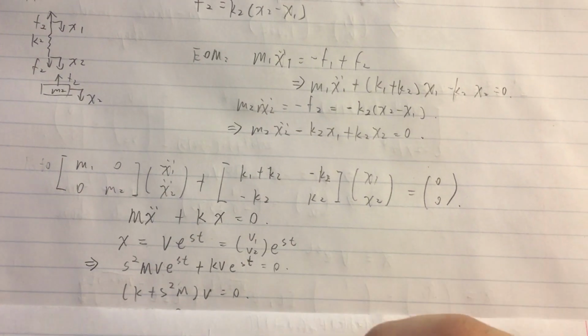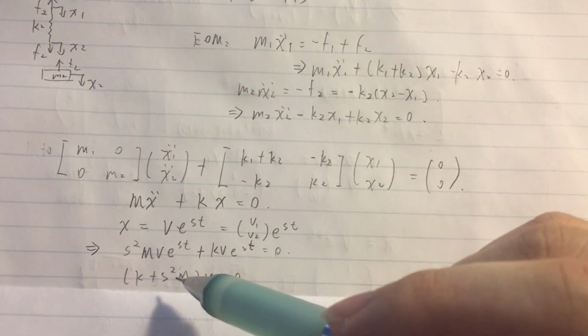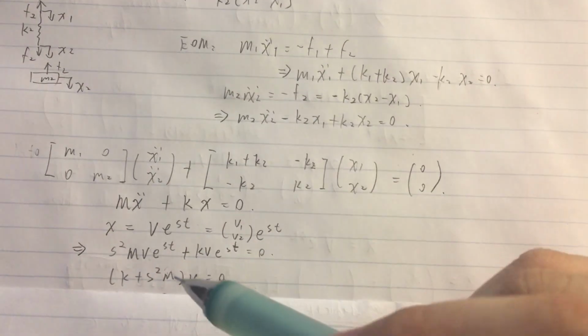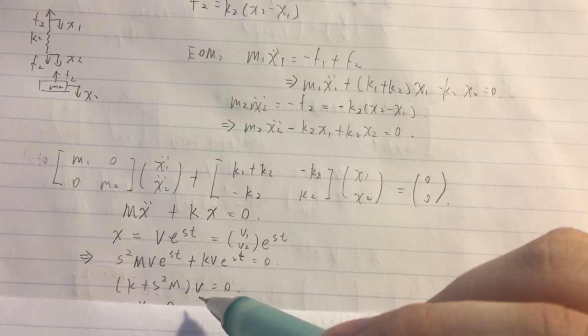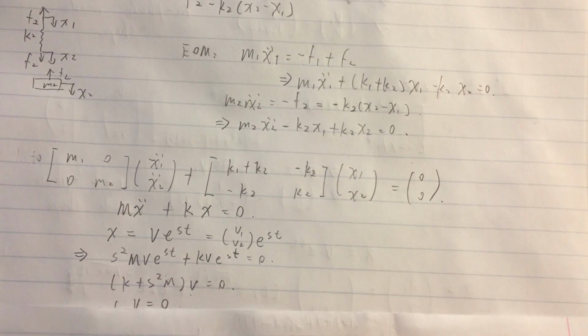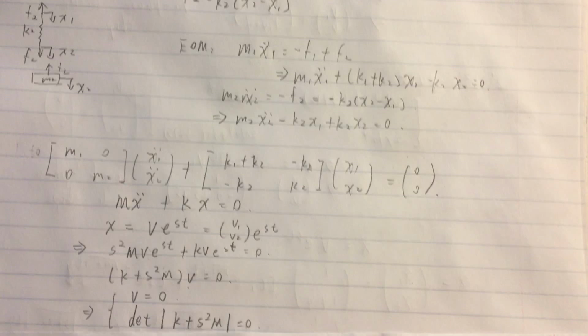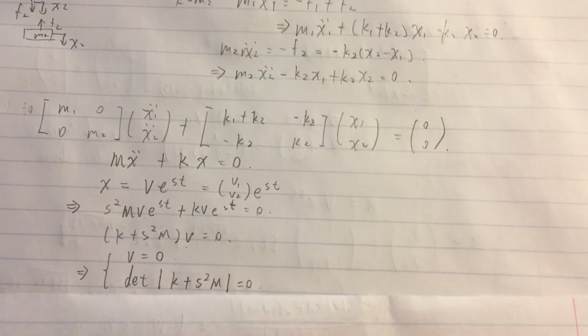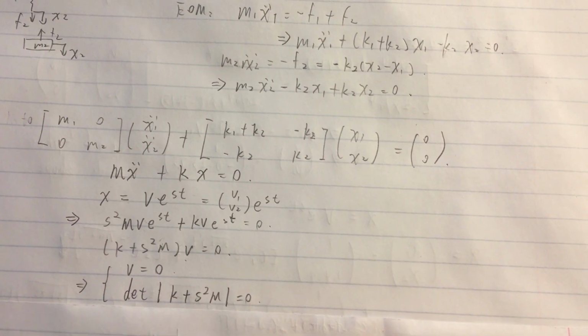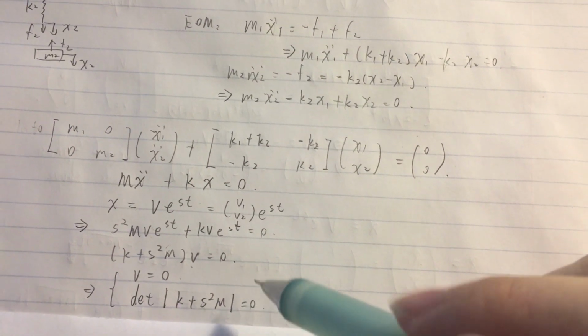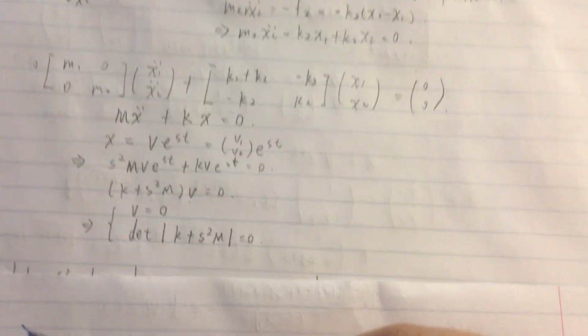For this formula, there are two solutions. The first one is v equals 0, and the second one is the determinant of K plus s squared M equals 0.